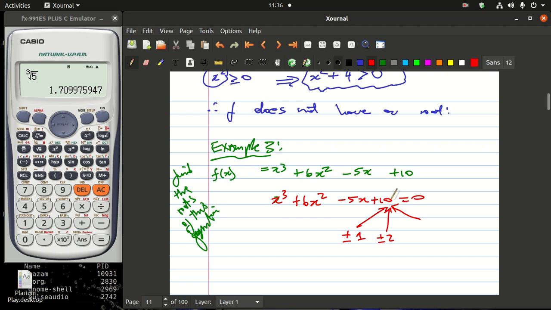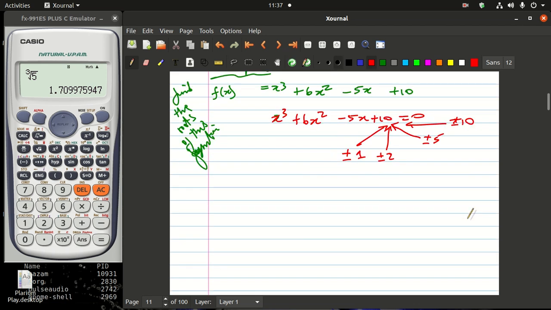And 4 is not one of the factors of 10. Then 5, 5 times 2 is 10, so plus or minus 5 is one of the factors. And also plus or minus 10, because 6, 7, and 8 do not go into 10 without a remainder.